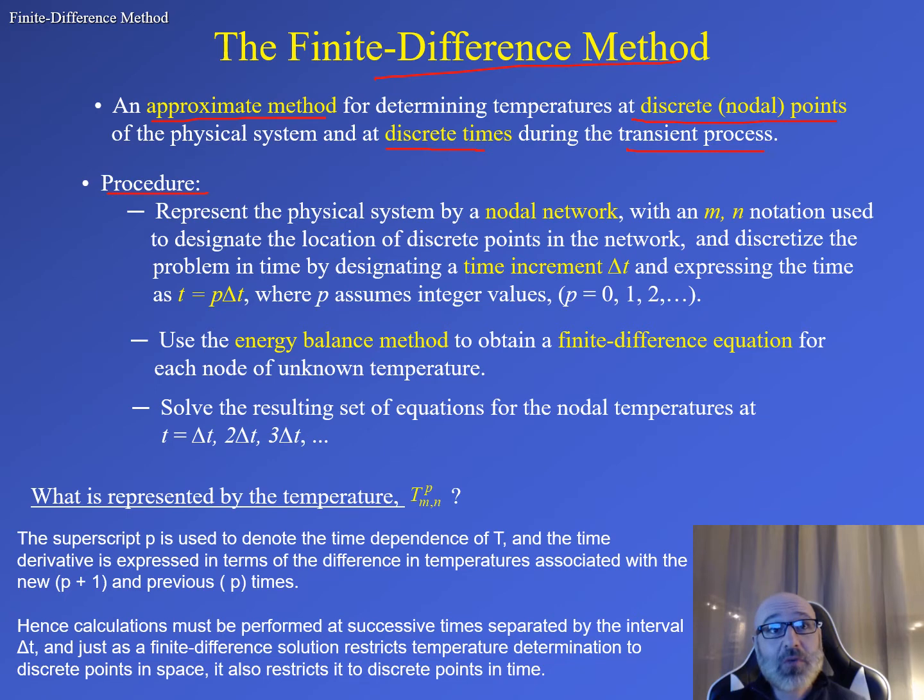For our procedure, we want to represent the physical system by a nodal network. Within this nodal network, we want to utilize the m,n notation to designate the location of these discrete points within the network. Then we want to discretize the problem in time by designating a time increment, our delta t, and expressing the time as t equals p delta t, where p assumes integral values: p equals 0, 1, 2, and keeps going on.